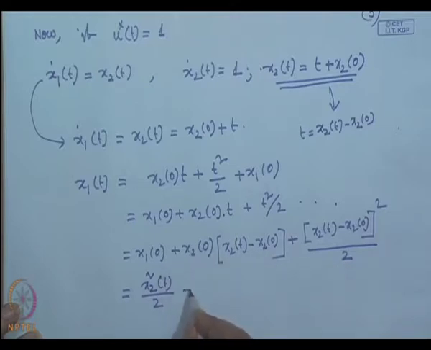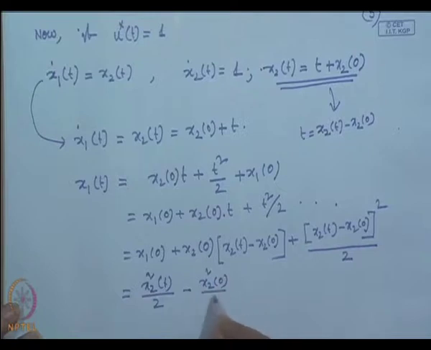So, it will be a minus x 2 square by 2, then twice x 2 t x 2 0, so that is 1 x 2 t x 2 0 here. So, that will be plus x 2 t x 2 0.